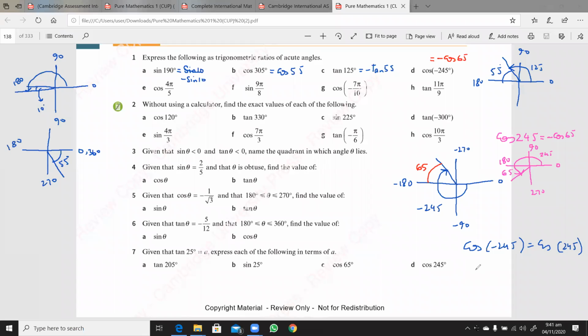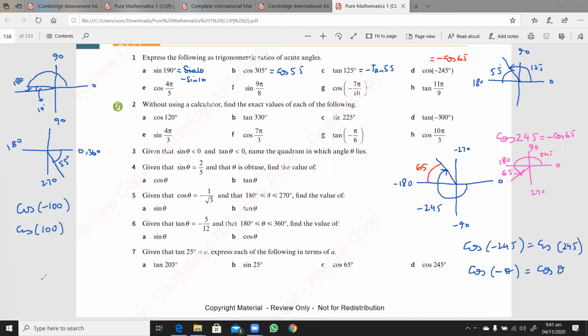So you can generalize that cos minus theta is the same as cos theta. Cos of minus theta is the same as cos theta. For example, cos of minus 100 and cos of 100 both mean the same.